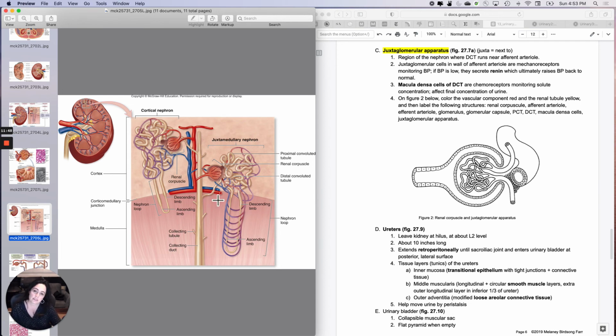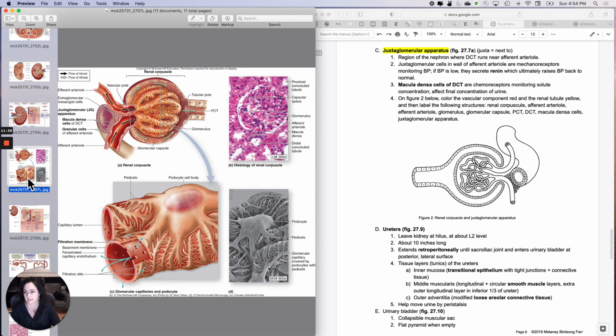So if, for instance, there's too much sugar in here and we need to really reabsorb the sugar because sugar is money, then the distal convoluted tubule would release some signals saying there's too much or too little in this almost-urine. So you've got one last shot to do something about it. Collectively, these two monitoring areas are called the juxtaglomerular apparatus.